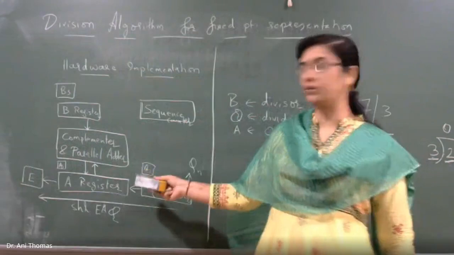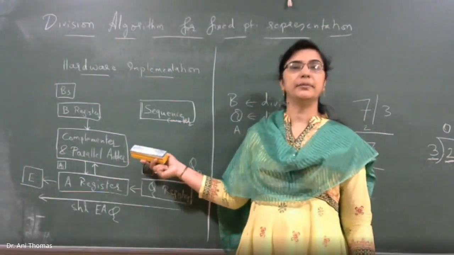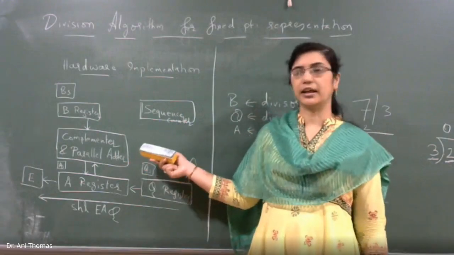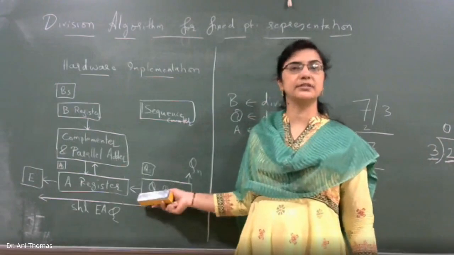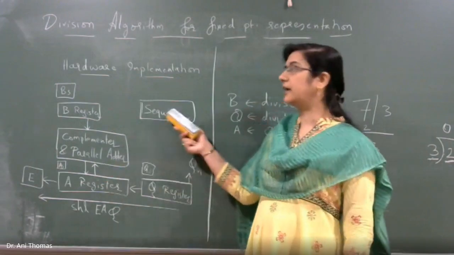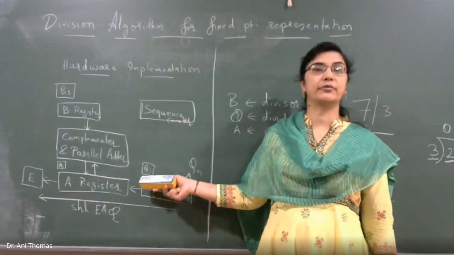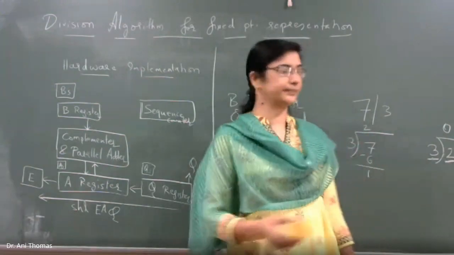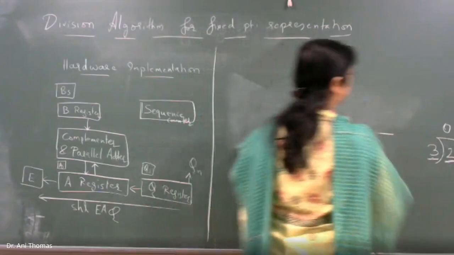So you have seen the components of hardware you want for implementing the division algorithm: A register, B register, Q register, one complementary and parallel adder circuit, and a sequence counter. That is all we want for performing the division operation. So we will see the hardware algorithm.